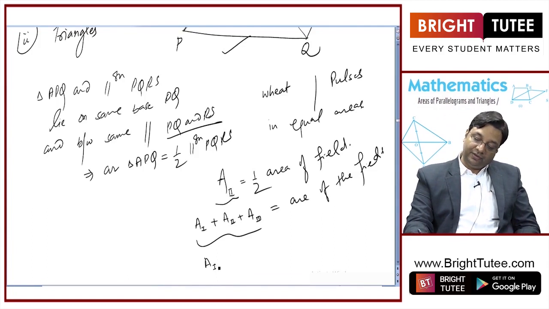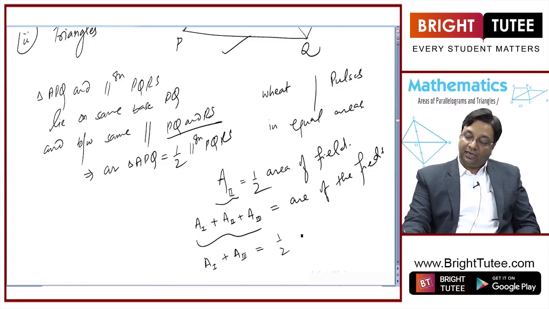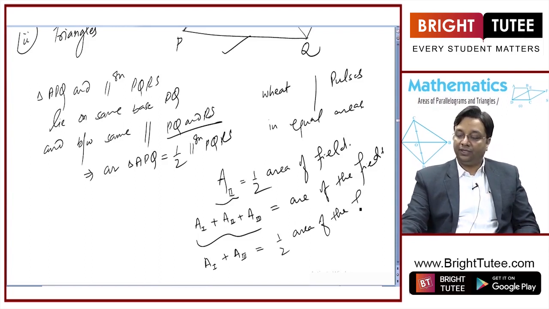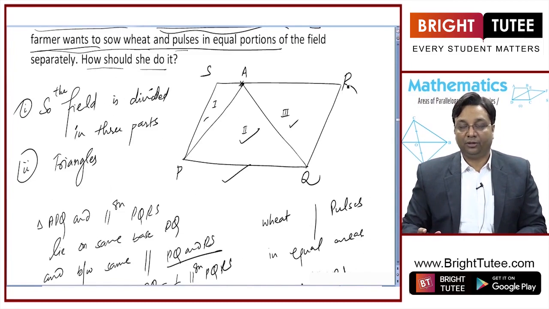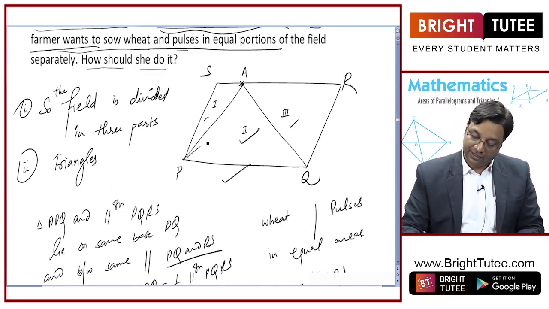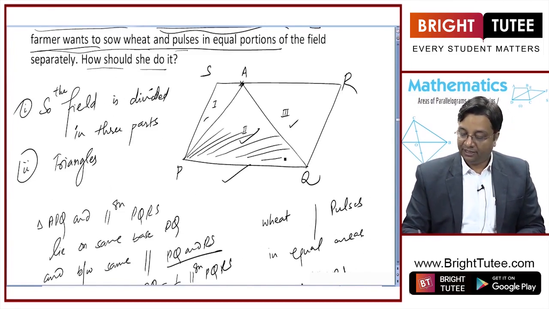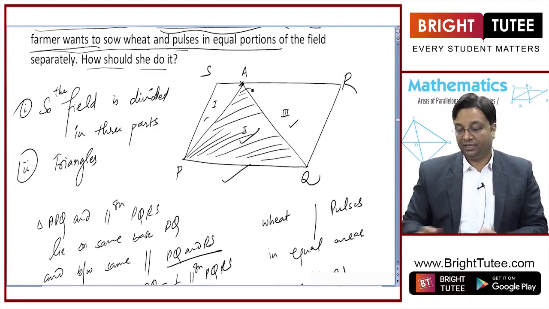So, what will be A1 plus A3? It will be equal to half the area of the field, right. That means this is a parallelogram shaped field and this area, that is area of this part, is half the area of this parallelogram.